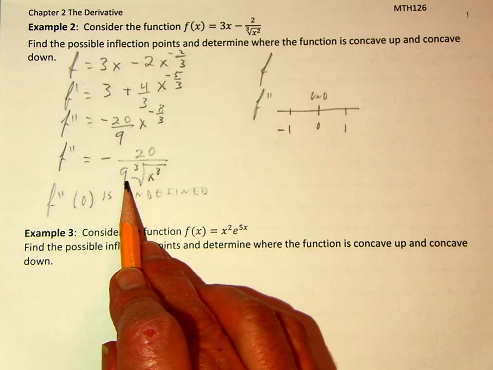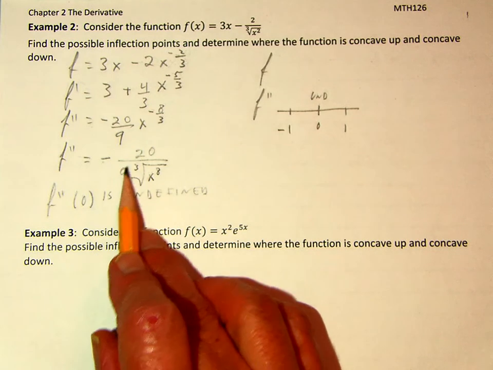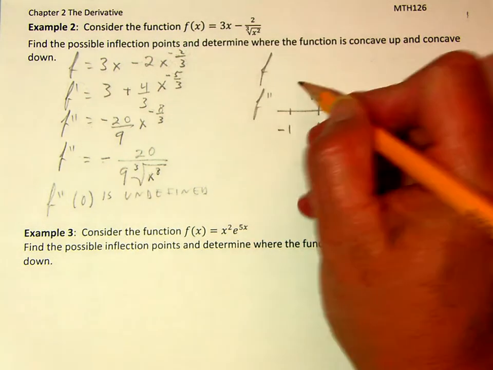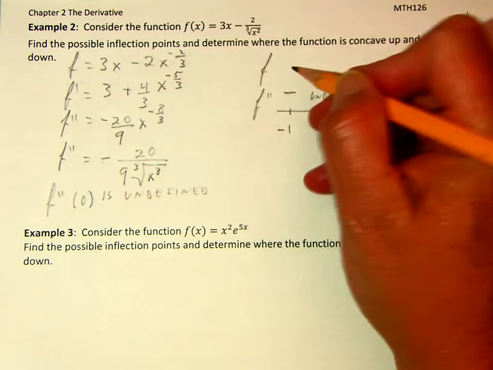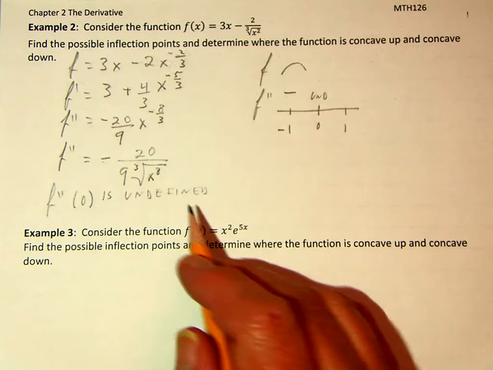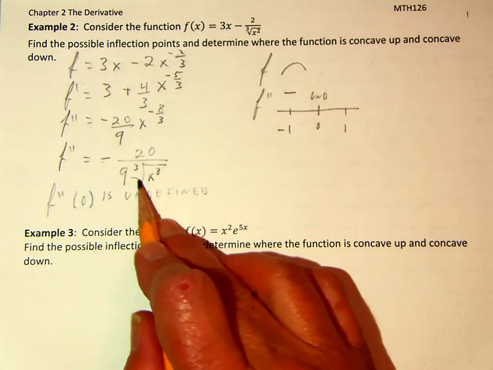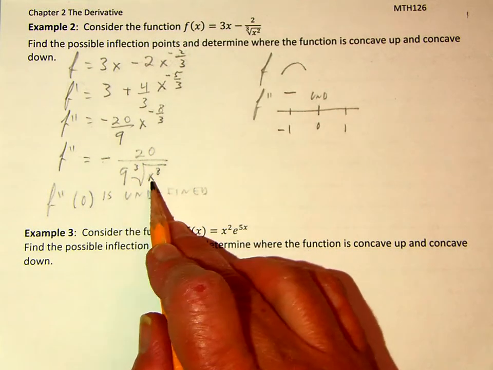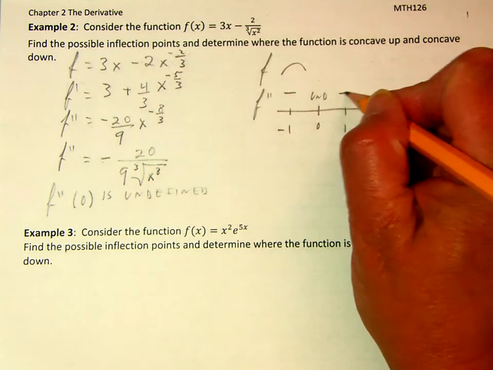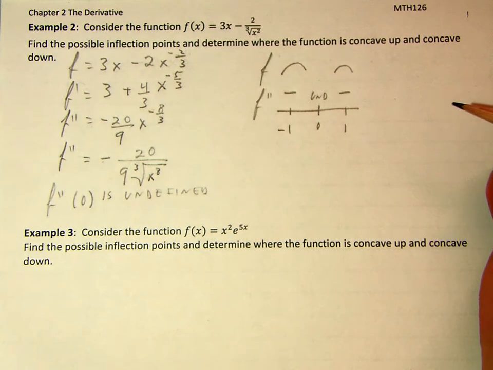This is just going to be -20/9. So this is going to be a negative number. So that tells me concave down. But if I sub in a +1, that's also 1. So this would also be -20/9. So it's also going to be negative, concave down.